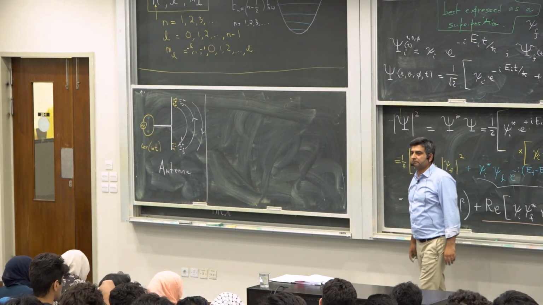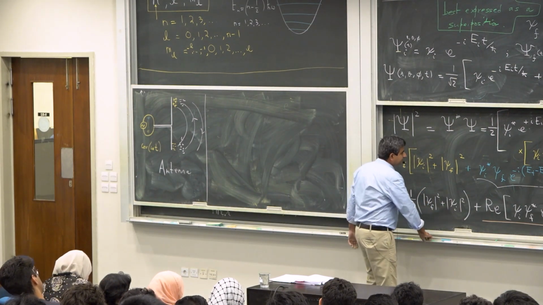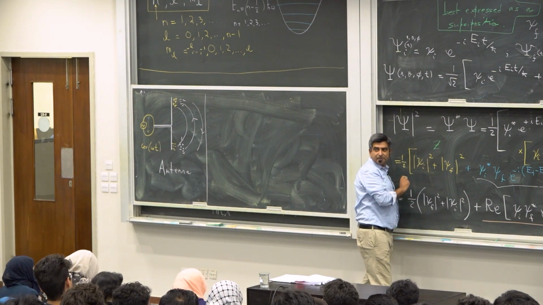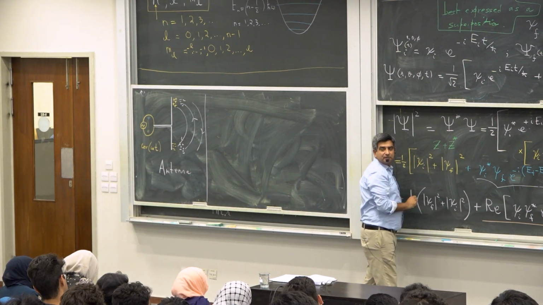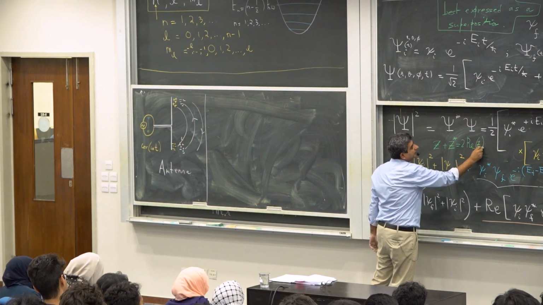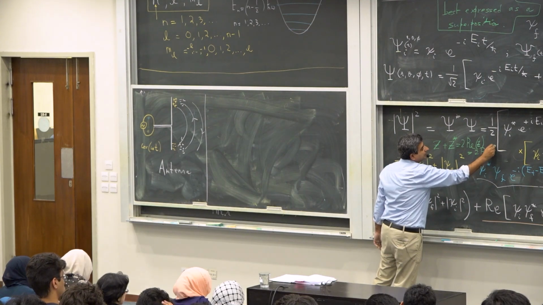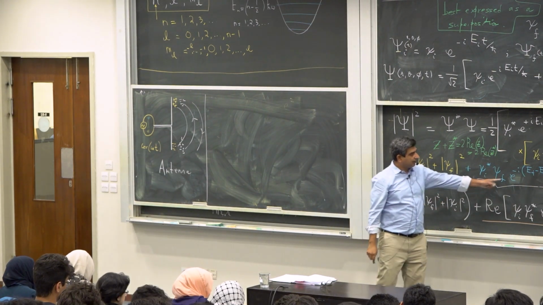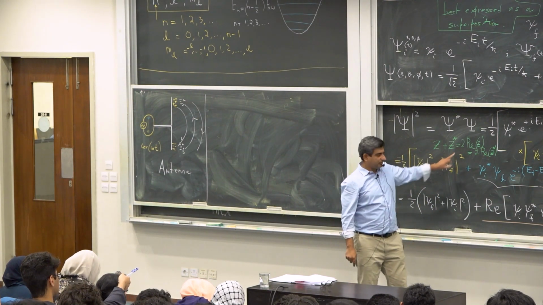This is a rule that if you have a complex number z and you add to it its complex conjugate, this is 2 times the real part of z or 2 times the real part of z star. Oh, so they're both the complex conjugates of each other. They are, aren't they? They are.